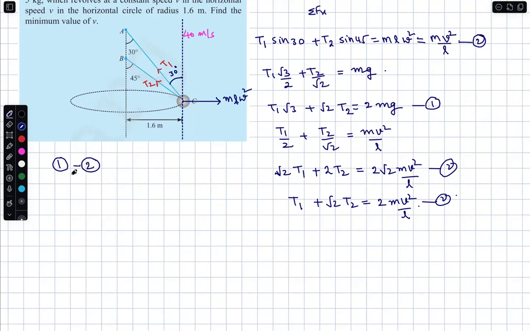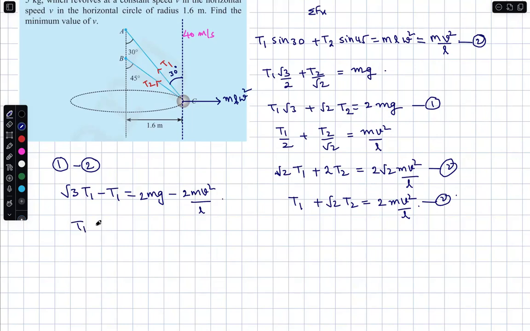By doing 1 minus 2, the T2 terms get cancelled, and I get a relation for T1: T1 is 2mg minus 2mv square by L.